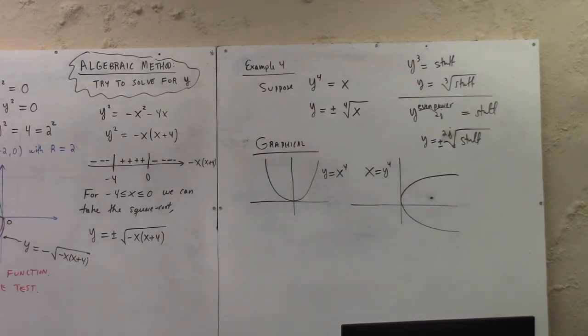So let's call these A, B, C, D. Assuming those are x, y axes, tell me which goes with which.